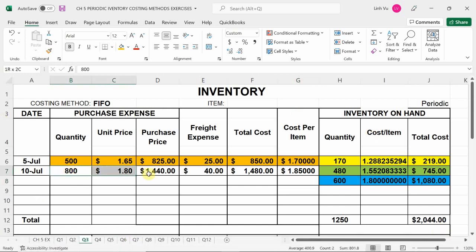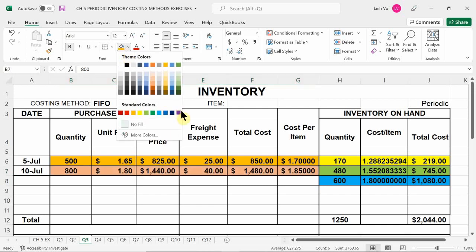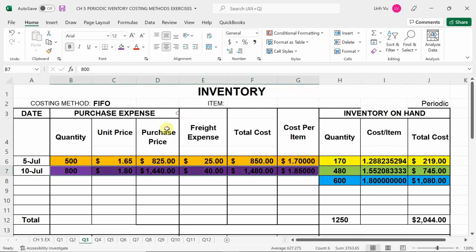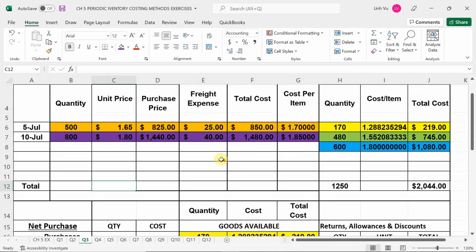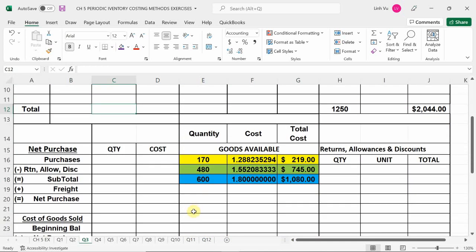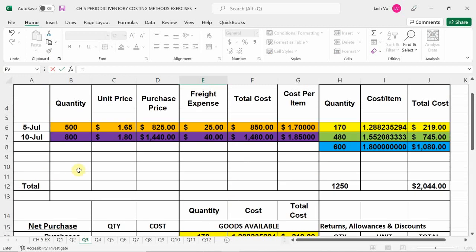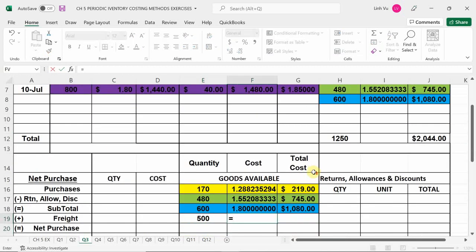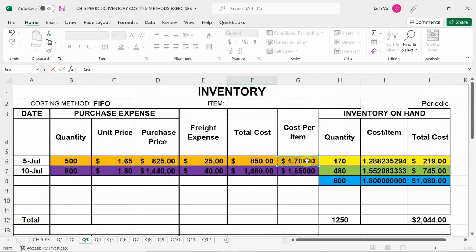So in this case, let's make this purple. Because I already know that we didn't make any changes or adjustments to this amount, we're going to carry it into our goods available by copying it down into this table right here.